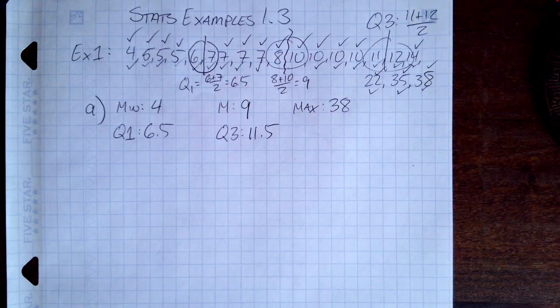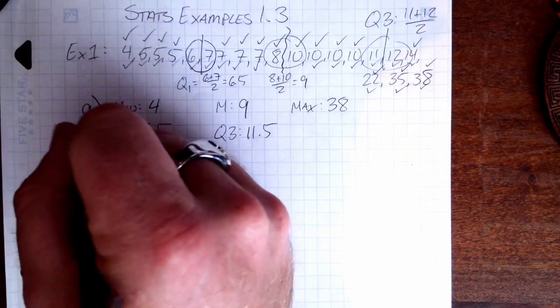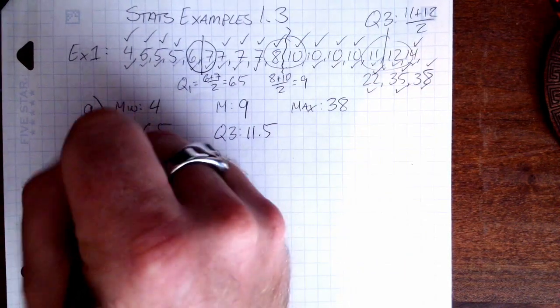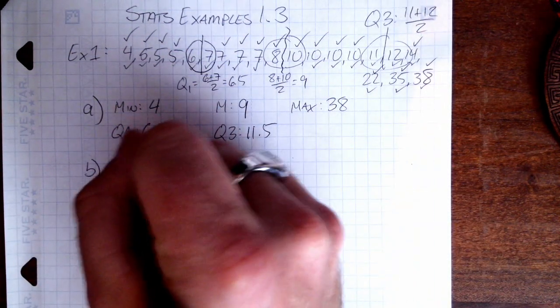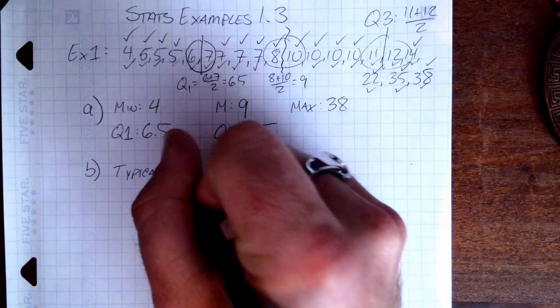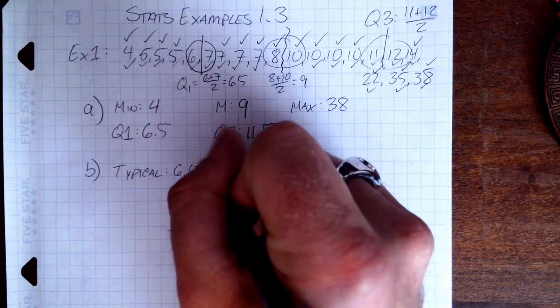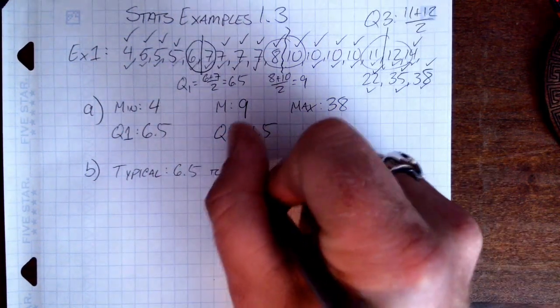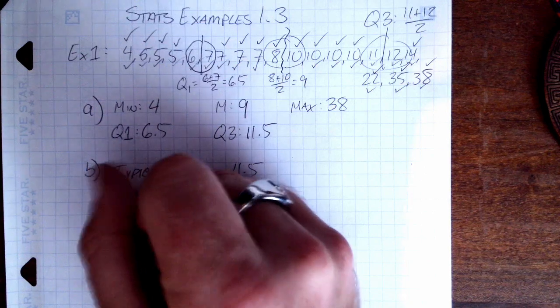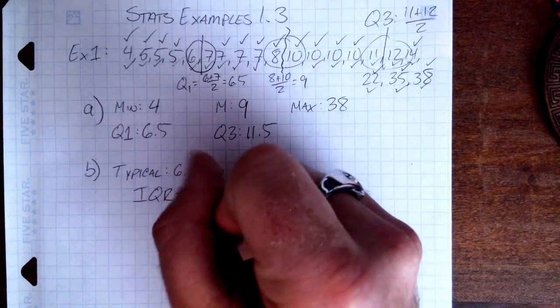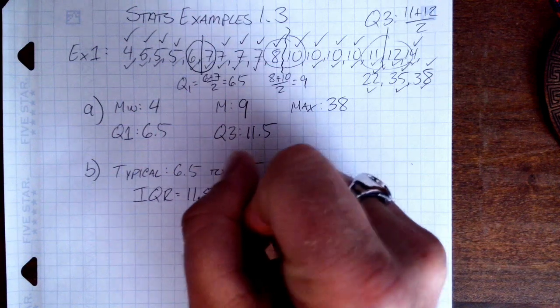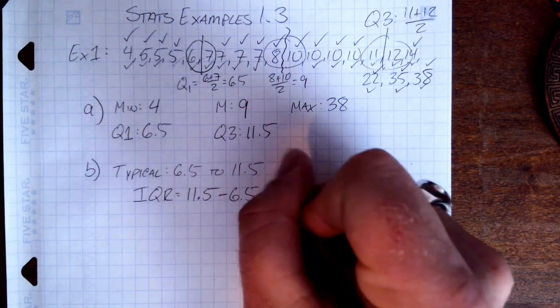Now we can use the IQR to find the most typical expected range of values. So the typical is between 6.5 and 11.5, and the IQR, the range of that, is always the Q3 number, the bigger number, minus the Q1 number, the smaller number.